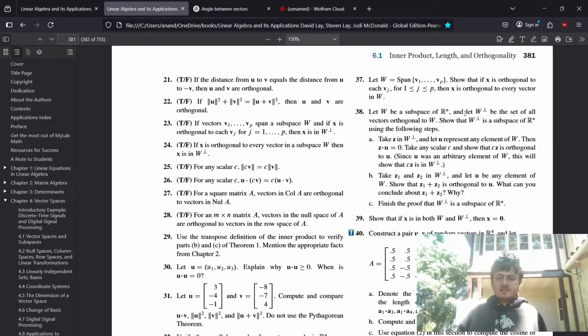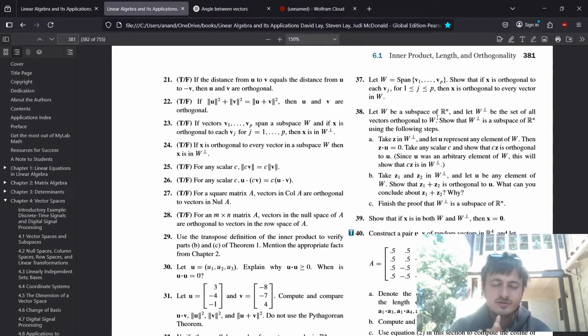All right, last problem of the section. Let W be a subspace of Rn. Let W perp be the set of all vectors orthogonal to W. Show that W perp is a subspace. Okay, so to show something is a subspace, first we need to show 0 is in it.